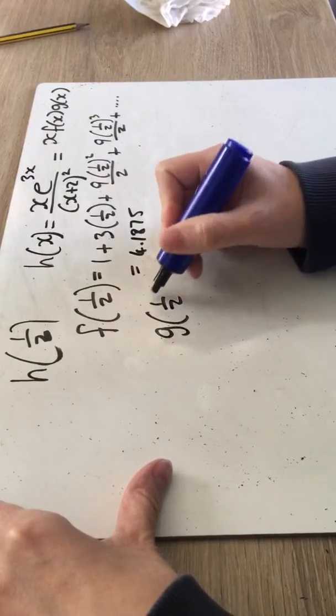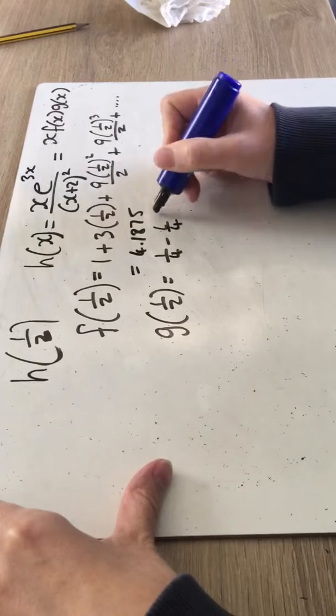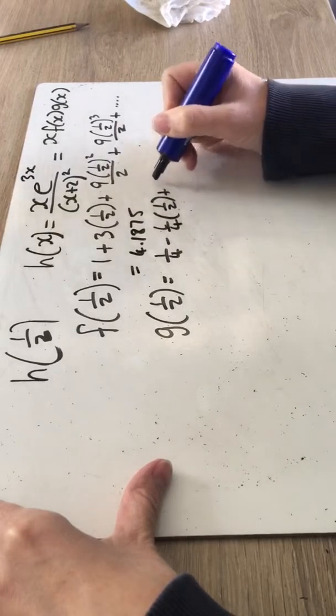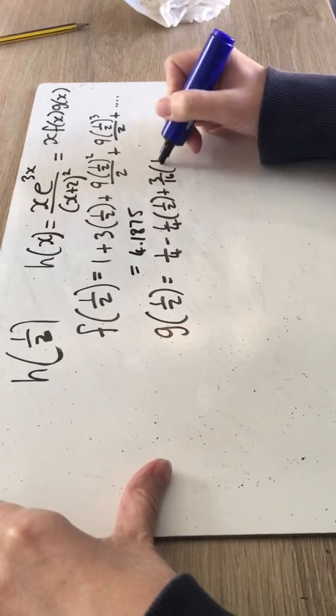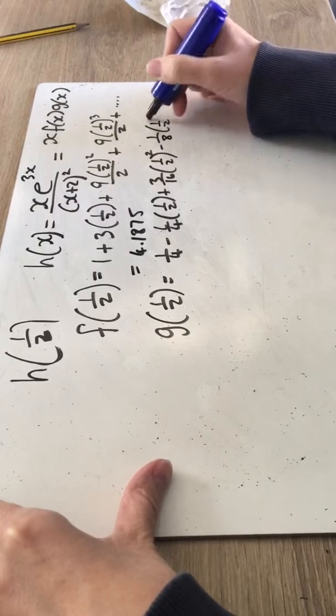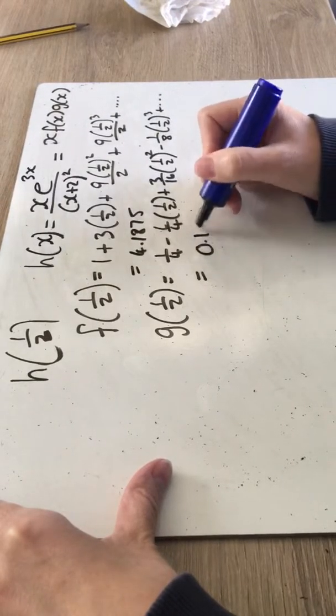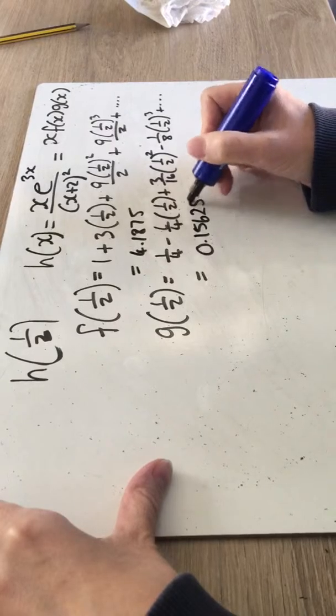We then do the same for g. So sub in a half, and a quarter minus a quarter times a half plus 3/16 times a half squared minus 1/8 times a half cubed, and that gives us 0.15625.